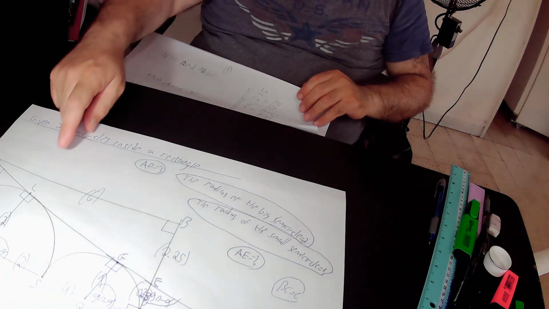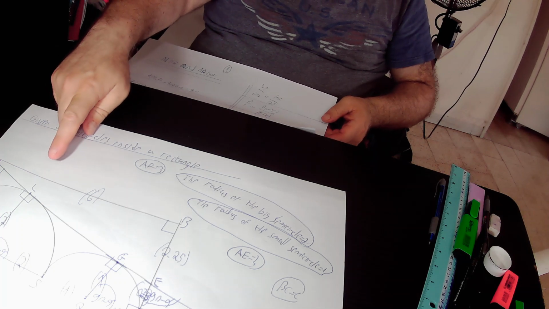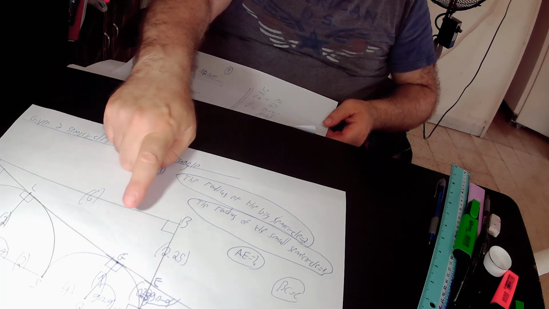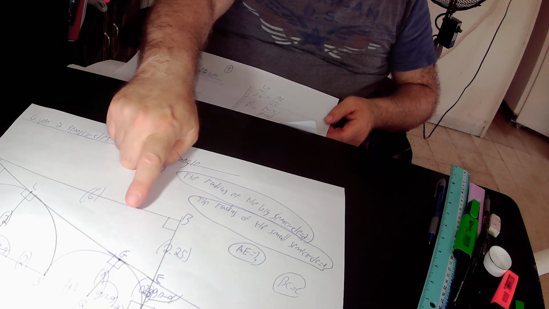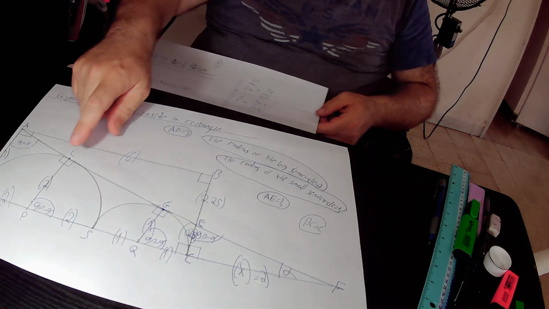LP is the radius of the big semicircle, that is 2, over GQ, the radius of this small semicircle, that is 1, equals PF over QF.